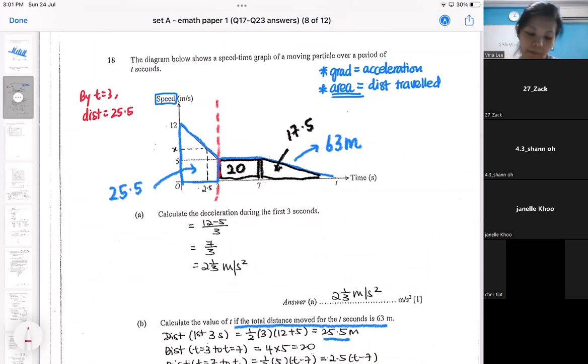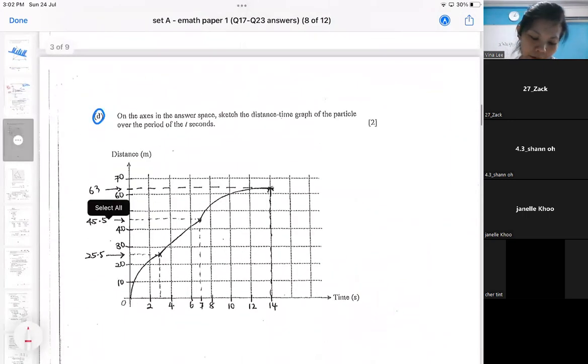Do you realize? Because the area is 25.5, the distance is 25.5. So that becomes a coordinate. And here is my coordinate: 3, 25.5.